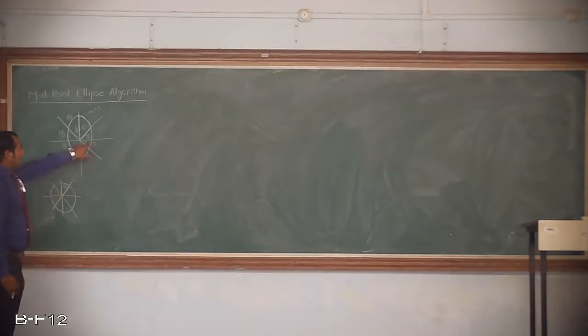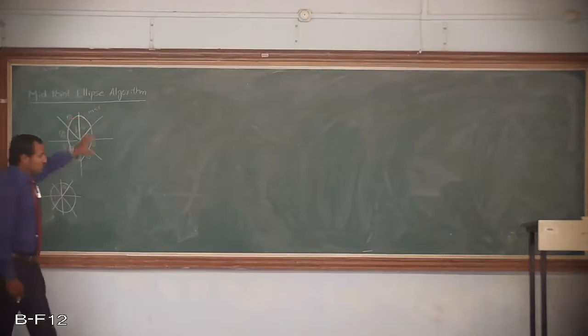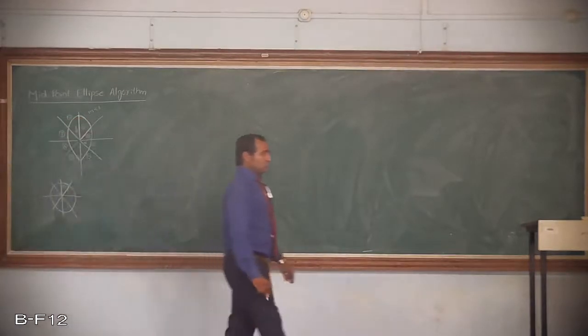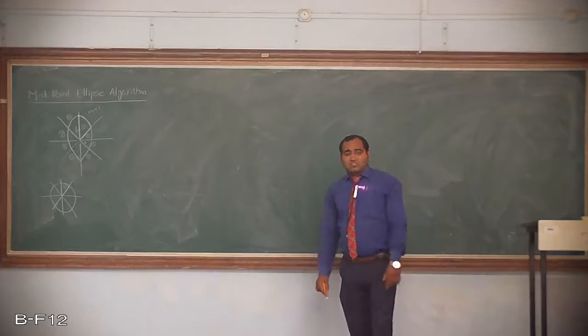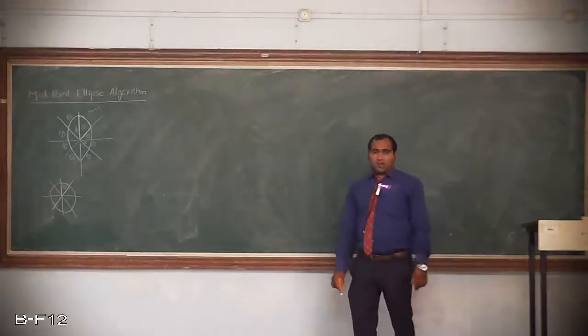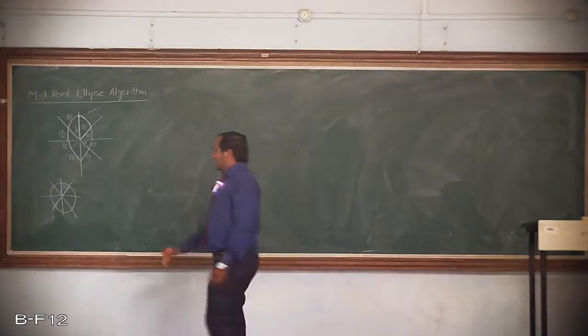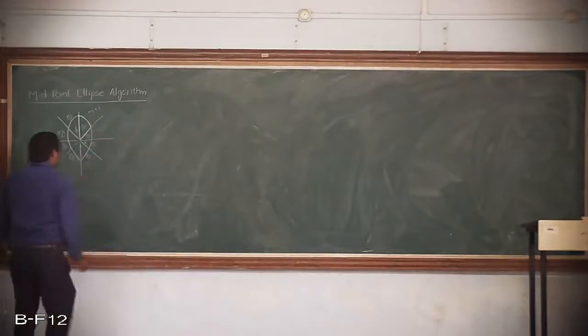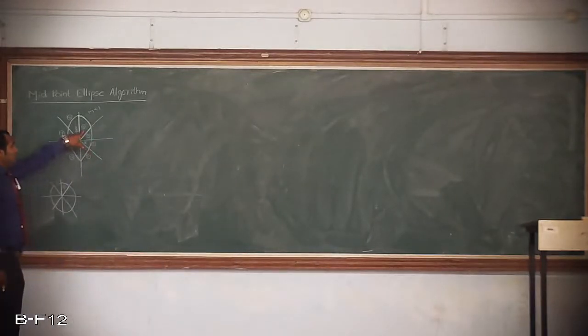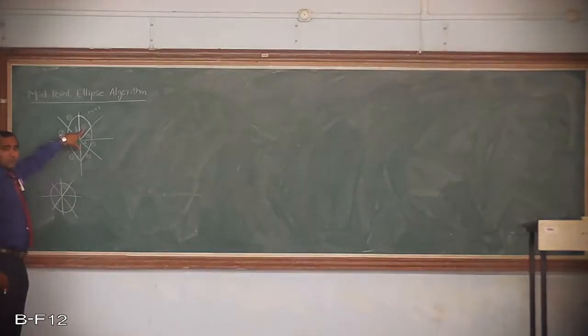Here the radius is a units in the x axis and b units in the y axis. So the radius is changing, therefore we cannot interchange the values of x and y and write it directly. So what we have to do here is derive the pk value, that is the decision parameter, and the subsequent decision parameter for the first octant separately and for the second octant separately.